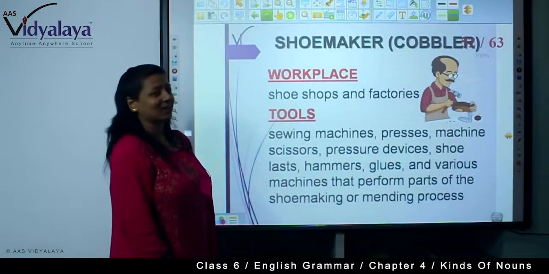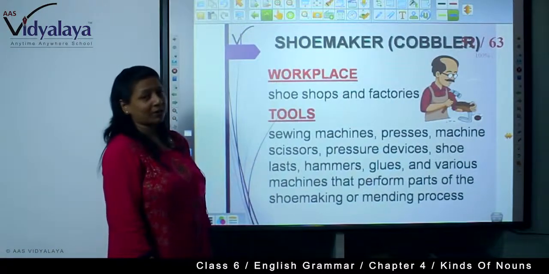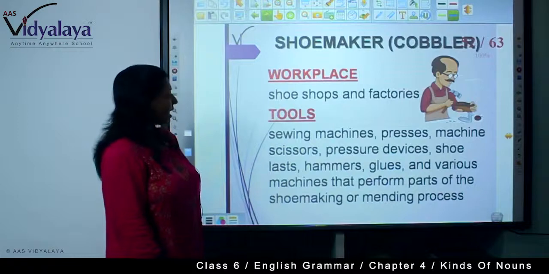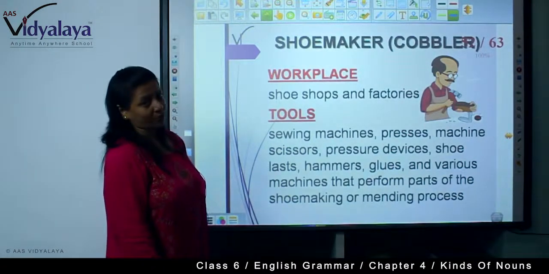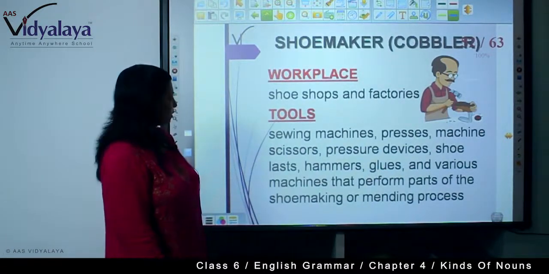Now, shoemaker, that is cobbler. Who is a shoemaker? Where do we find shoemakers? What is their workplace? The workplace is shoe shops and factories. So it is in shoe shops and factories that we find a shoemaker. And what are their tools?